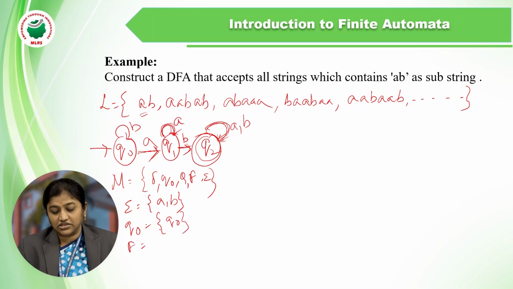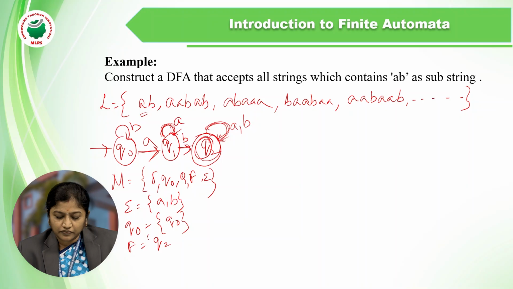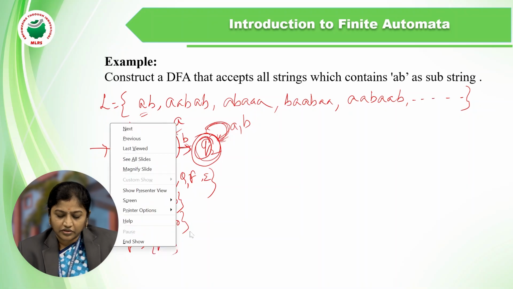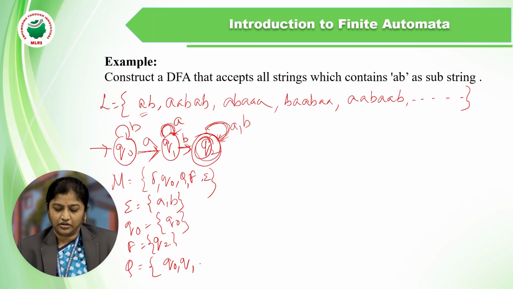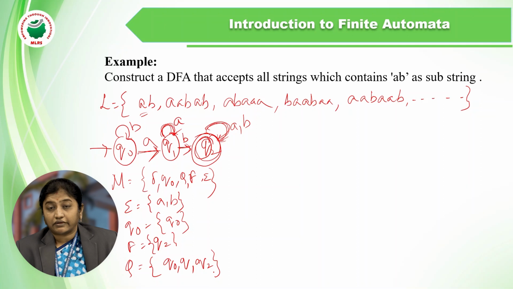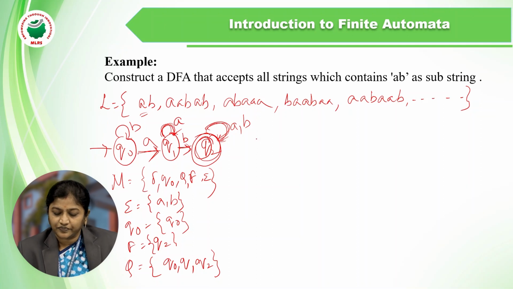Q2, because that is indicated with a double circle here. Hence, we'll take that as the final state Q2. Okay. Next, what is Q? How many states have we used here? 3 states. That is Q naught, Q1 and Q2. 3 states, right? Okay. Next is to write the transition table for this.